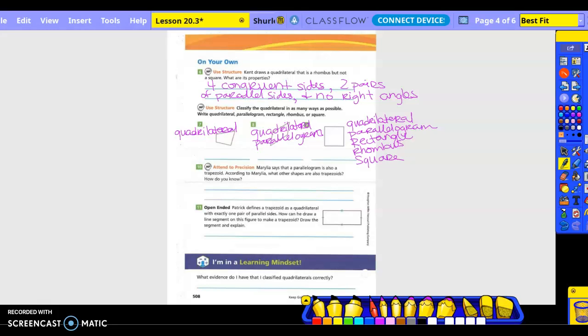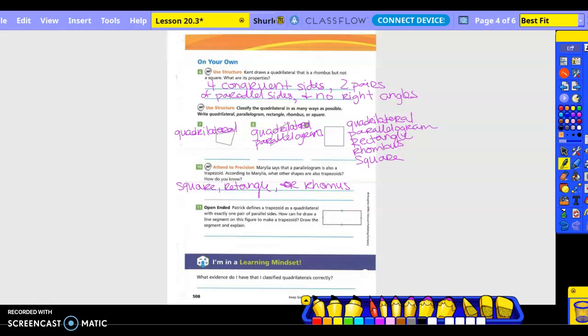Parallel sides. Okay. And then we just said because they have at least one pair of parallel sides, right?